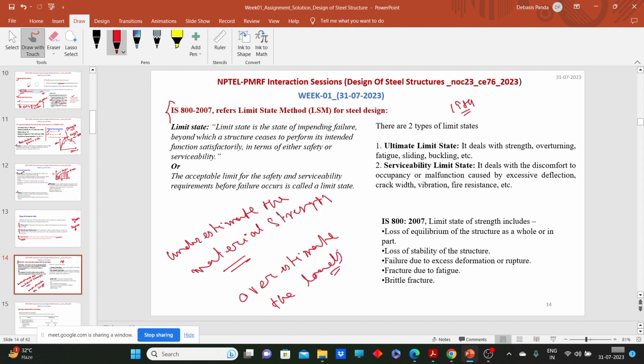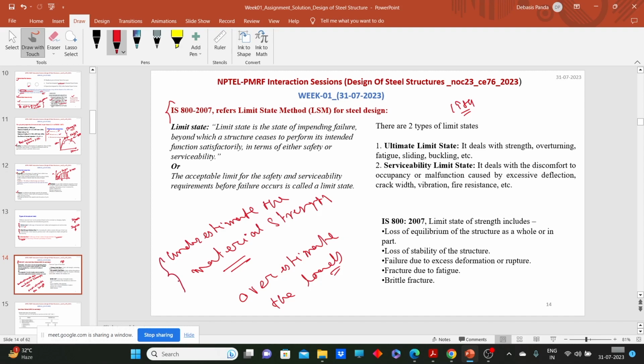Now I will come into it. In the limit state method of design, we all know from the basics that we introduce two kinds of factors of safety: one, factor of safety for material; and one, factor of safety for loads. By introducing that factor of safety, let's try to understand what we are doing in that philosophy.